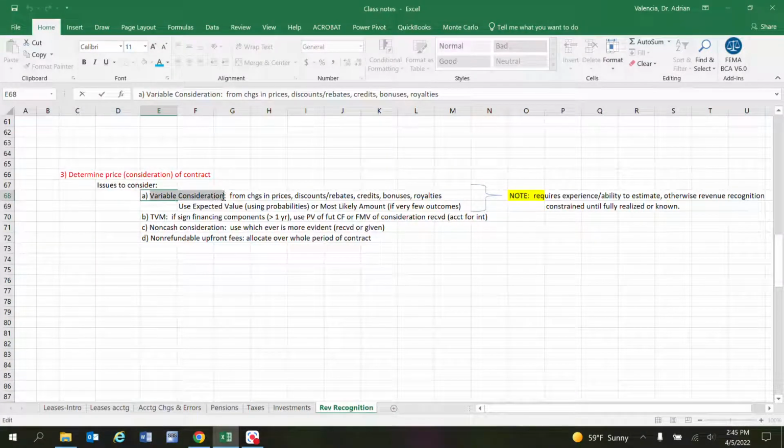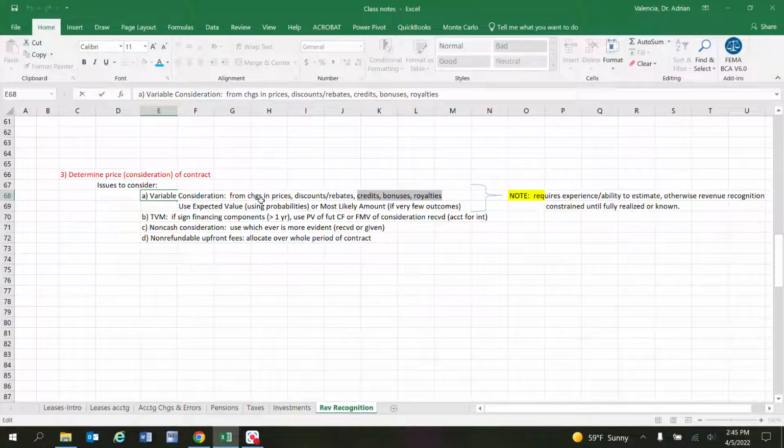The consideration of that contract is variable. From what? From many things: from potential changes in prices, potential discounts or rebates that might be applied, credits like returns, any royalties or any extra amounts that might be paid based on some level of purchases, okay?